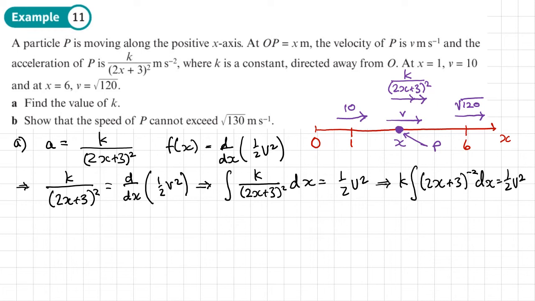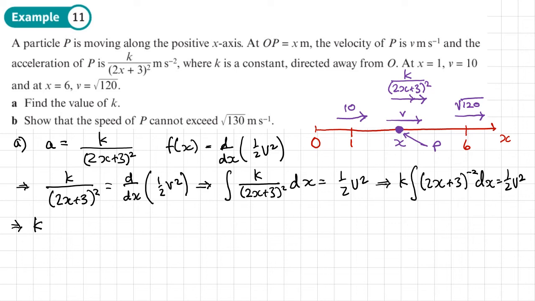So the reverse chain rule tells us that we are going to integrate the outside. When we integrate the outside, we add 1 to the power and divide by that new power. Almost forgot what we need to do there.